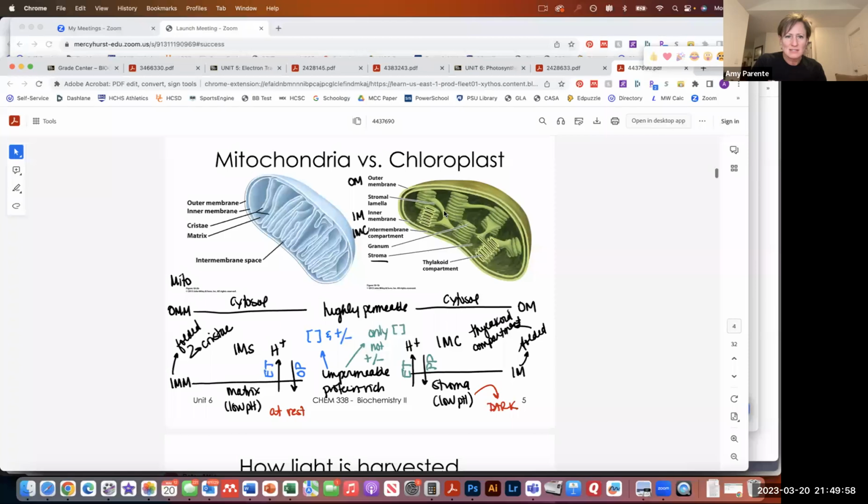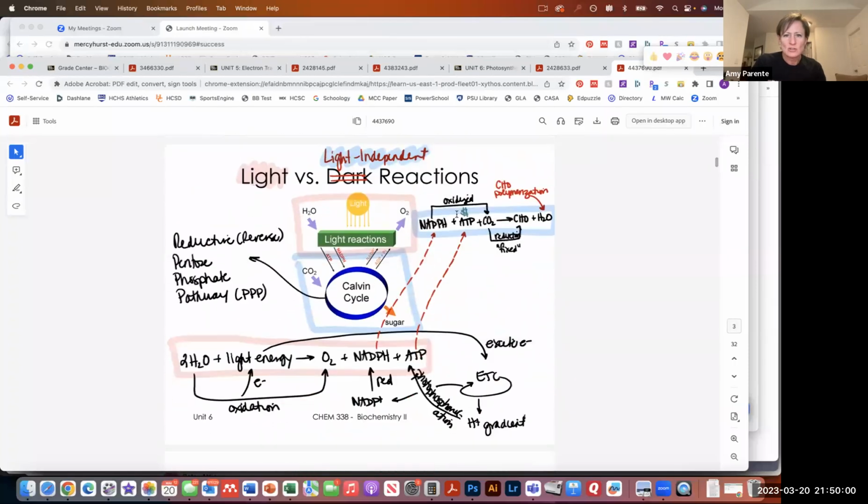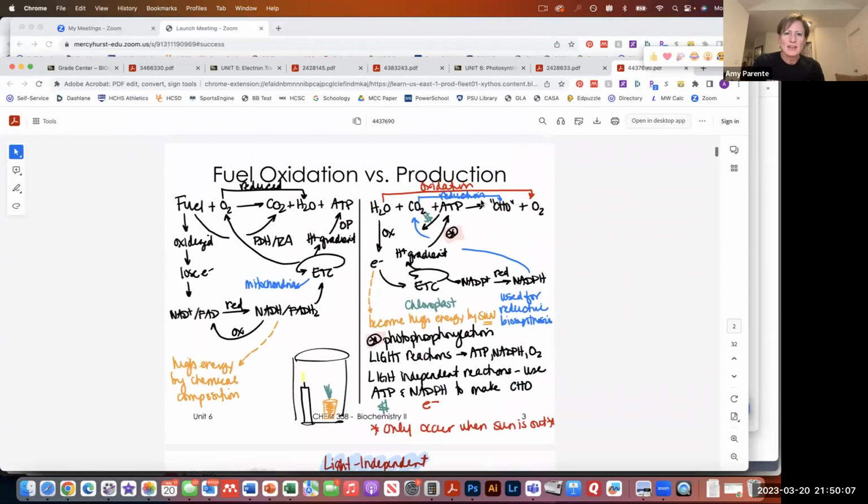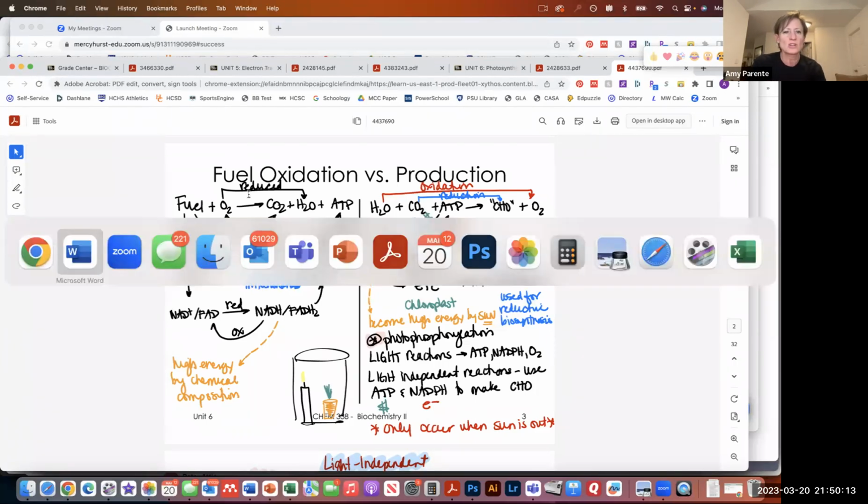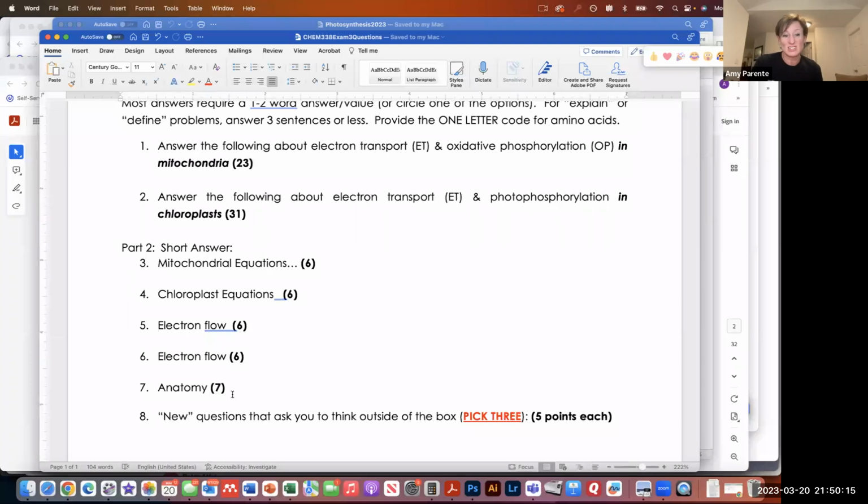So again, these are the important equations in chloroplasts: the light reactions and the dark reactions. And then this is the important equation in mitochondria. Knowing those is going to give you what you need essentially for all of these questions.